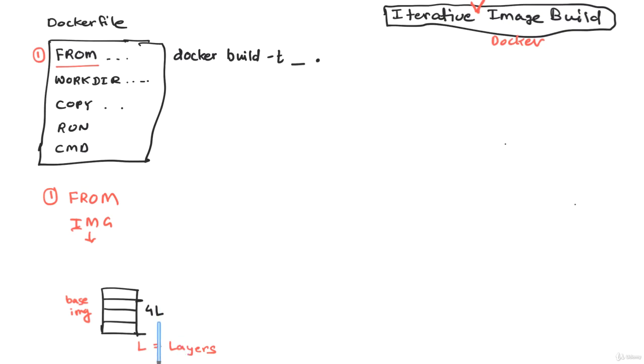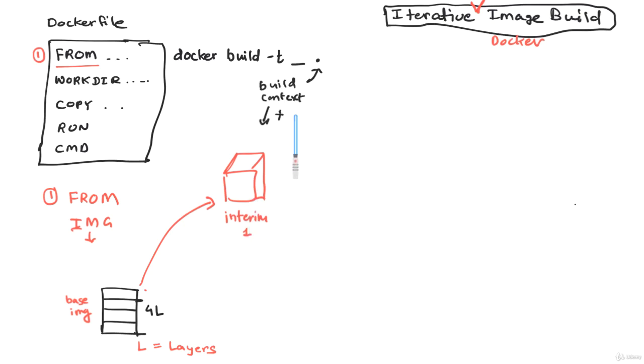Now using this as a base, an intermediate container is created, to which the Docker build process also copies over the build context. Build context is nothing but whatever is in the current directory when you run the docker build process, or whatever is in the path you provide as a build context at the end of the docker build command.